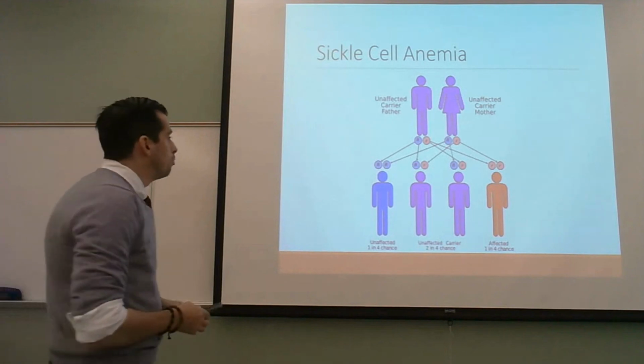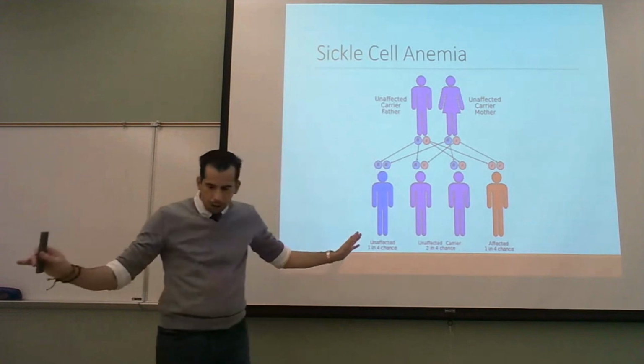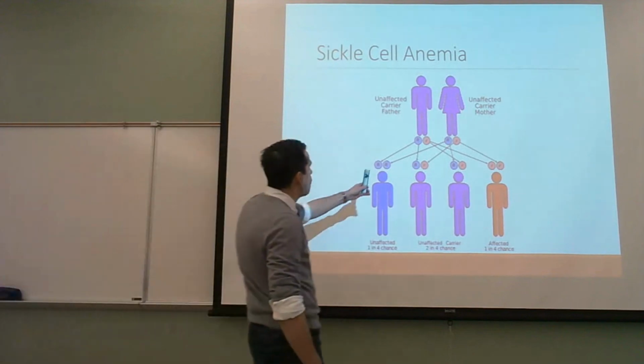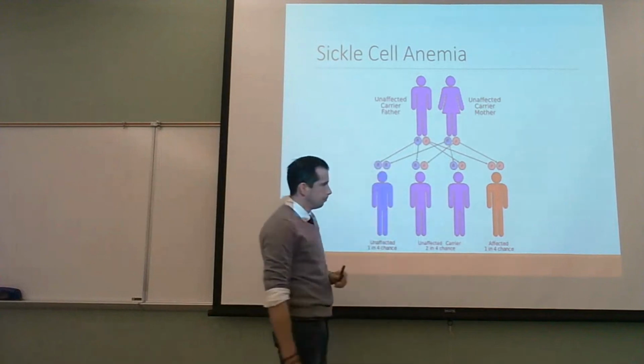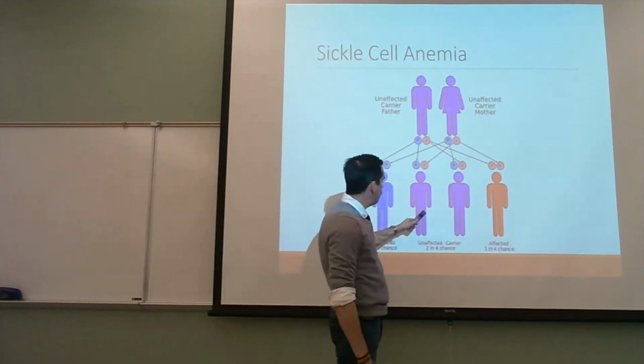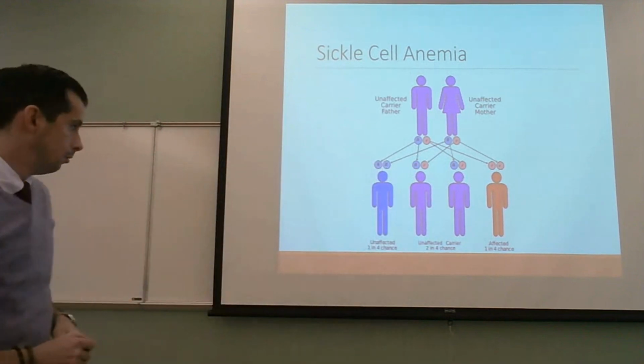So if we look at the offspring of those parents, you will have, on average, one person who is completely unaffected, 1 in 4. He gets the normal gene from both parents. You will get 2 out of 4, or half, who will be unaffected carriers.